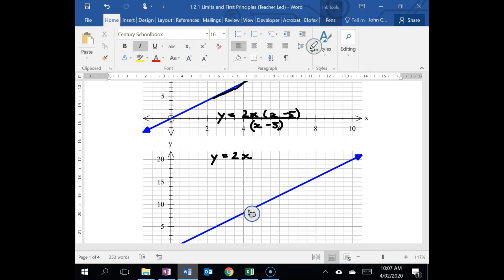Okay. Does that work for any other points? Are there any other points where they're going to be different? Is there going to be any other difference between these two functions? For any other value of x, you're going to get a different answer between the two.